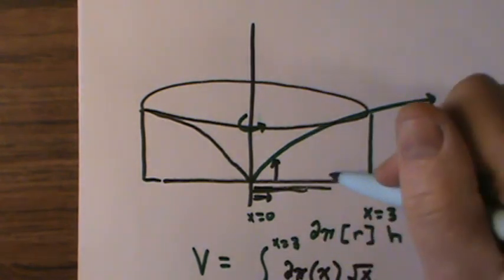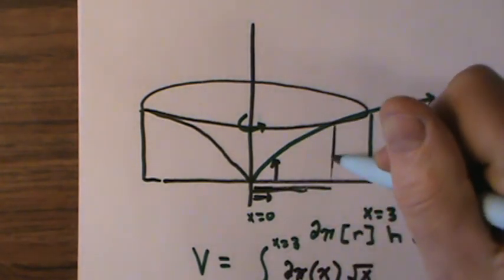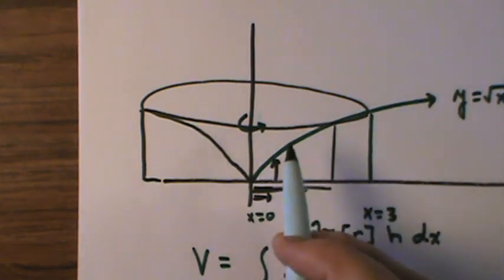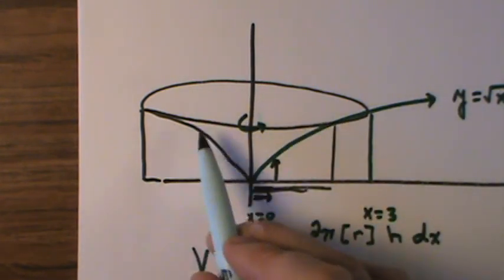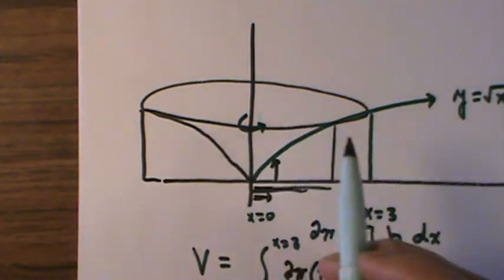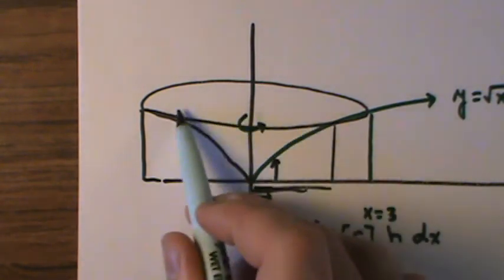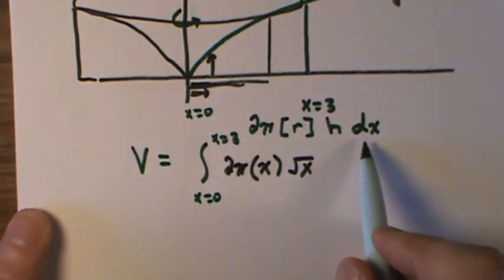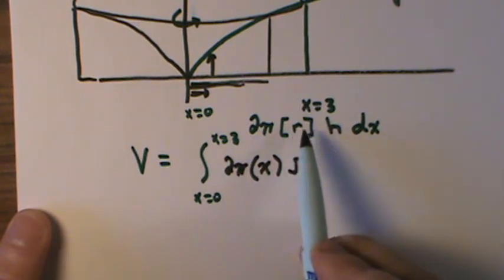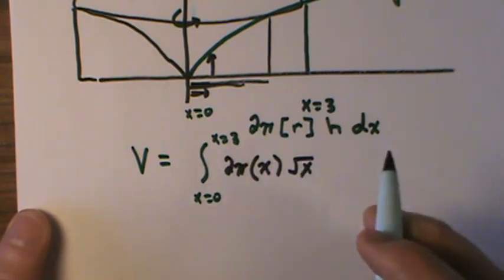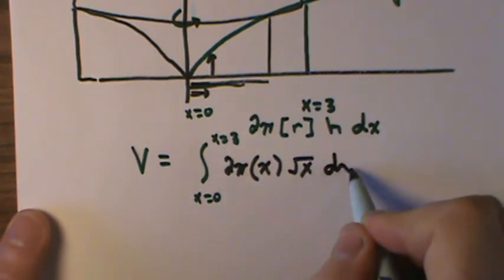That's x. I have a height that is defined by that curve. As you do one lap around, one paper towel, so to speak, that would be an area, but it has a depth that is infinitesimally small, which we're calling our third dimension, dx. So I've got one, two, three dimensions: radius, height, and then my dx right there.